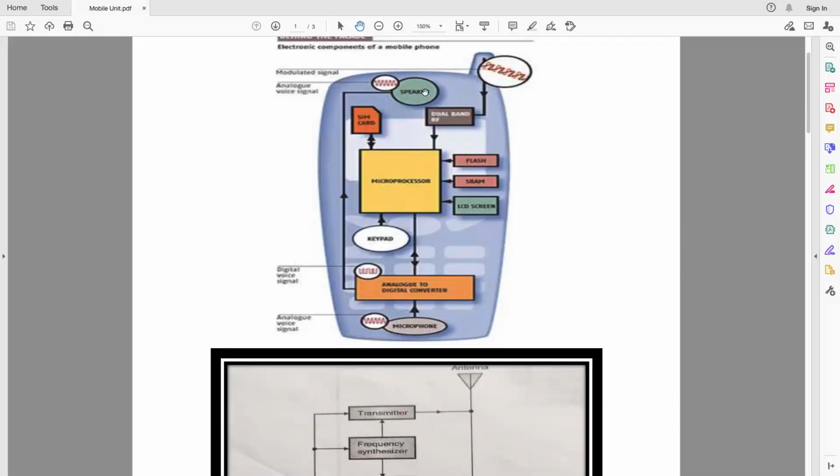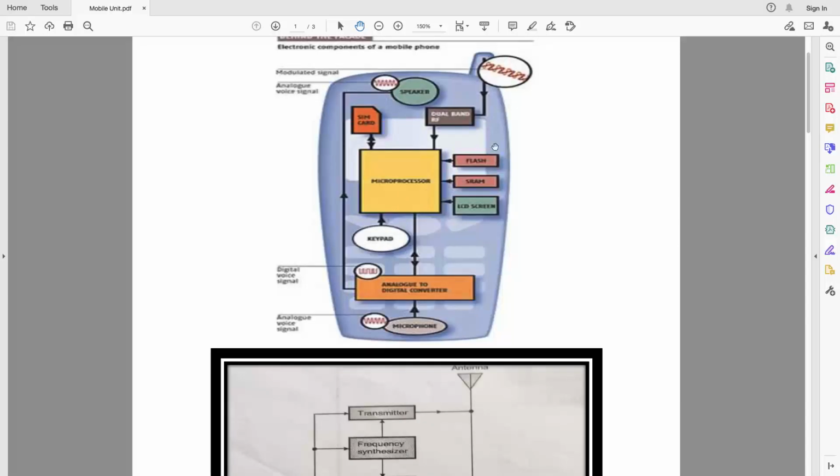Then a speaker for listening to a voice, a microphone for sending your voice, then an analog to digital converter, which converts the analog signal coming from the microphone to a digital signal, and that digital signal is applied to the microprocessor for further processing. Then a keypad, through which you are going to dial a number.